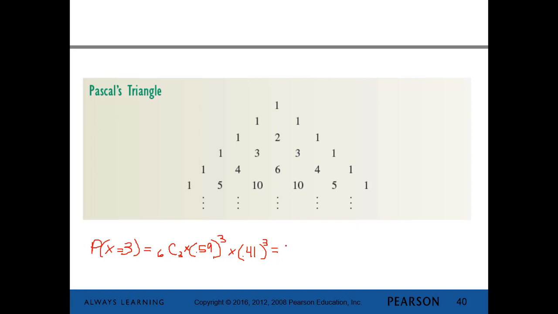So 6 choose 3 is 20, times 0.59 raised to the 3rd power, which gives us 0.2054.